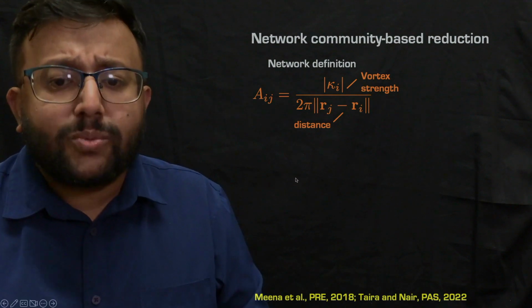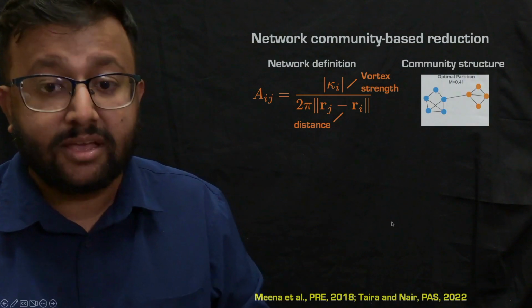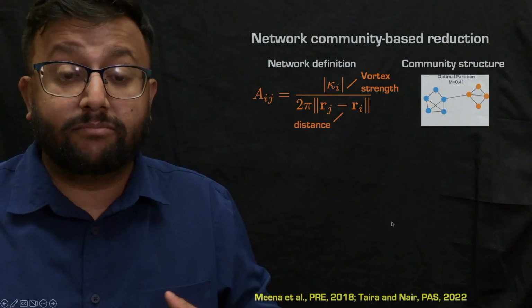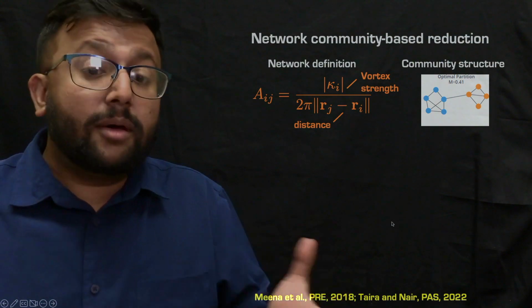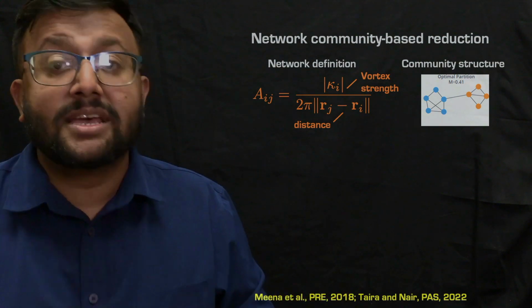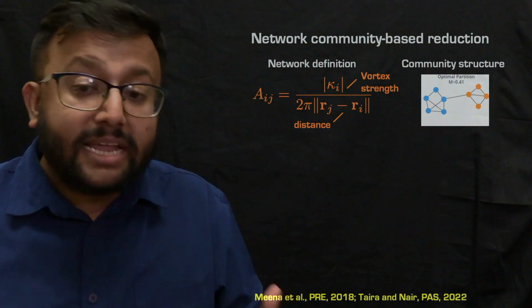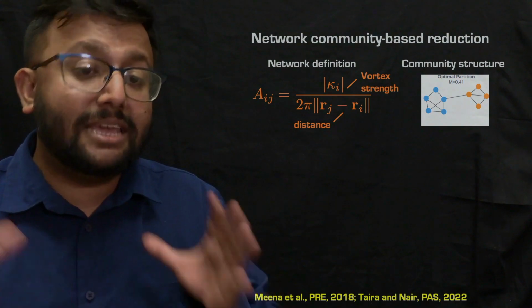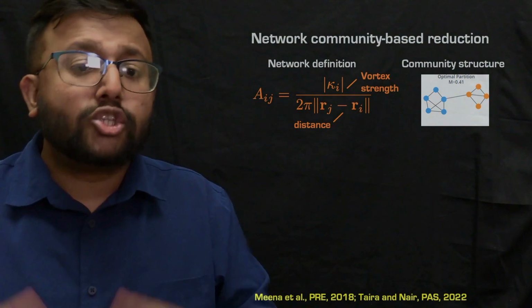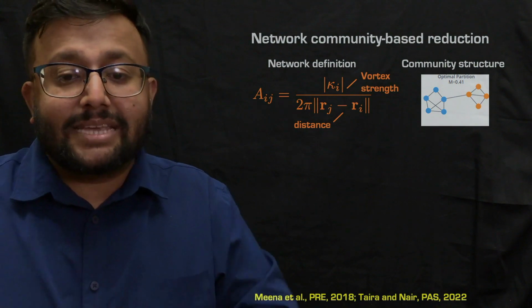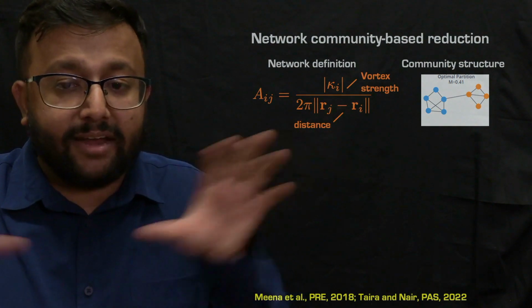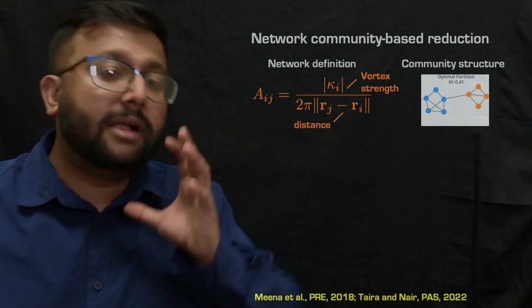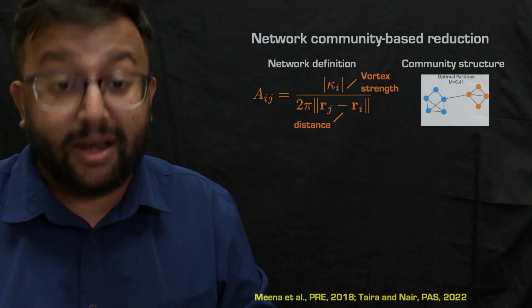So now once we have this network representation, we can use tools from network science. One of the most popular tools in network science to extract something called community structure is the modularity maximization algorithm. What this algorithm does is it partitions your data into optimal communities or partitions, essentially.